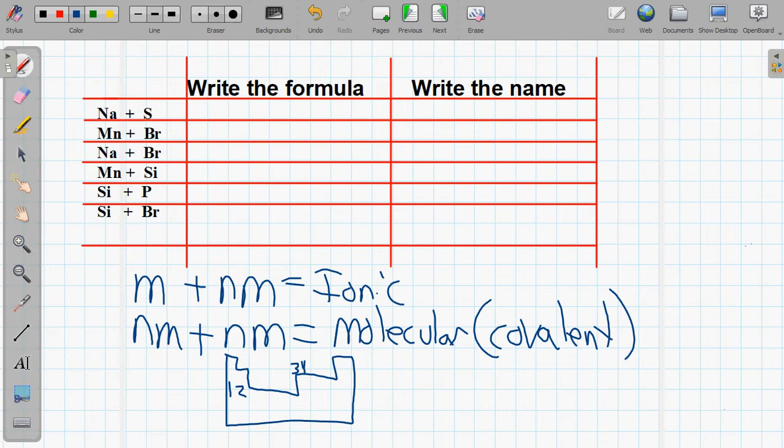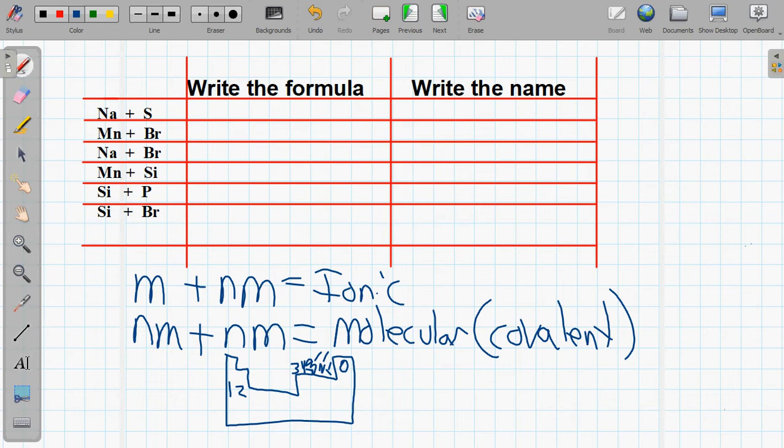That doesn't look like a 4, but it is. And then everything in 15 is 3 minus. Everything in 16 is 2 minus. Everything in 17 is 1 minus. And everything in group 18 is 0 because they don't form ions, at least not in any chemistry we're going to do.